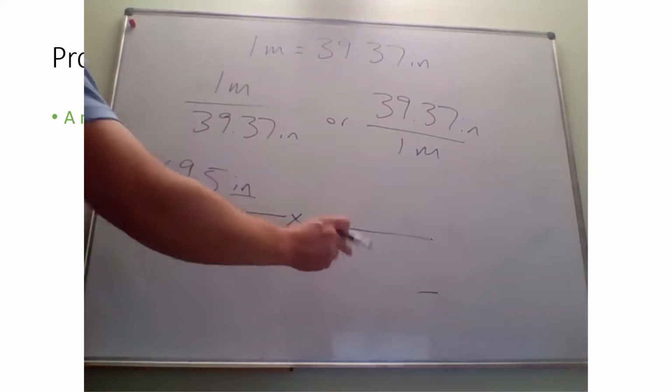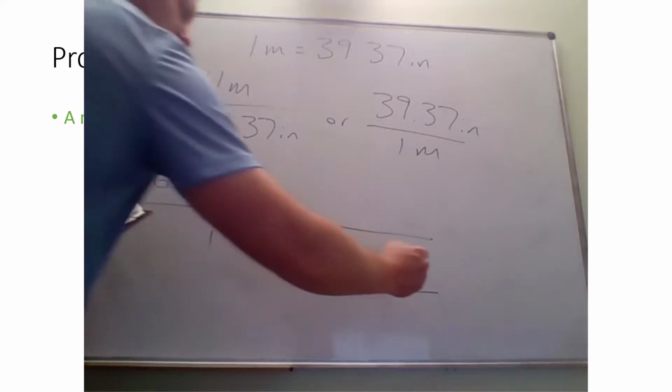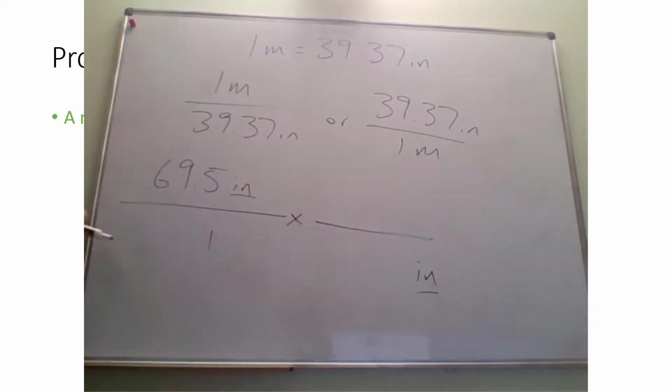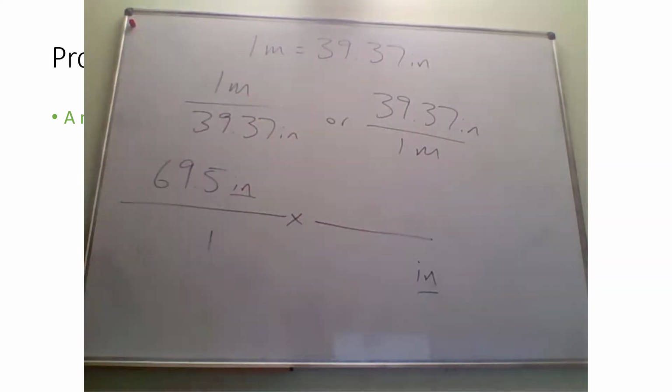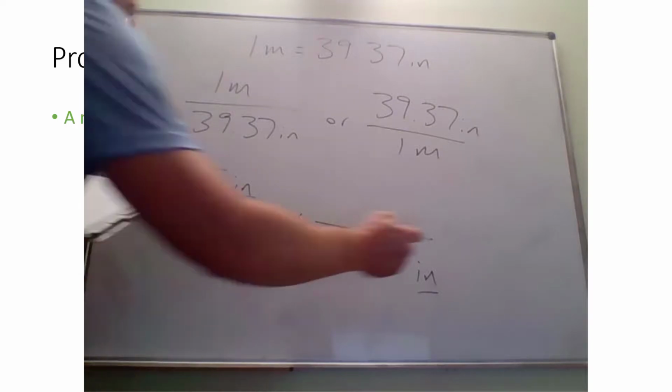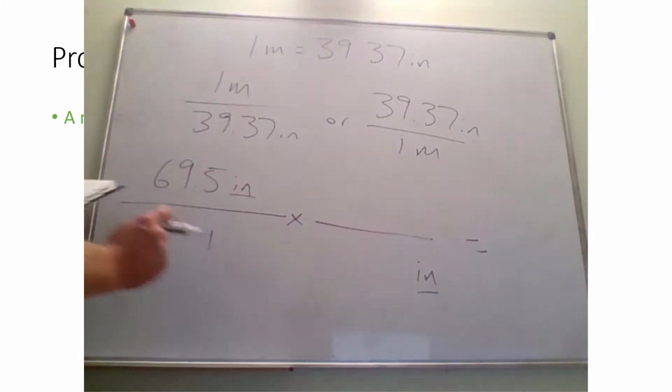So for us to cancel inches, we need to have inches on the bottom. Whatever's left in the numerator or denominator that has not been canceled out is what units are going to be in our final answer.